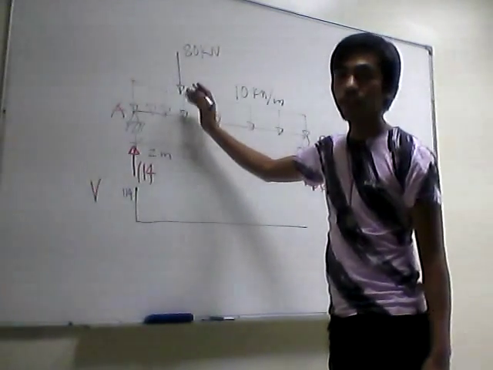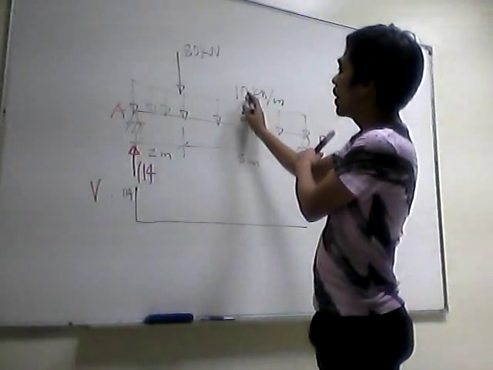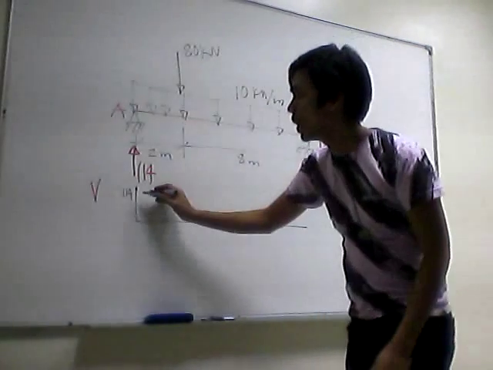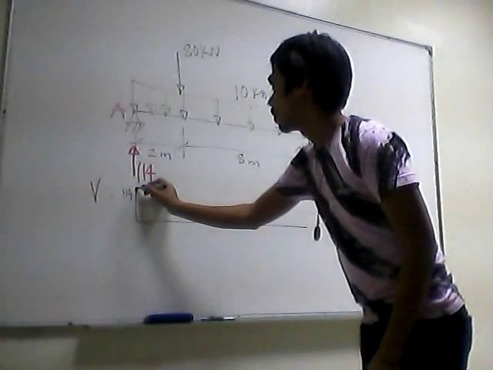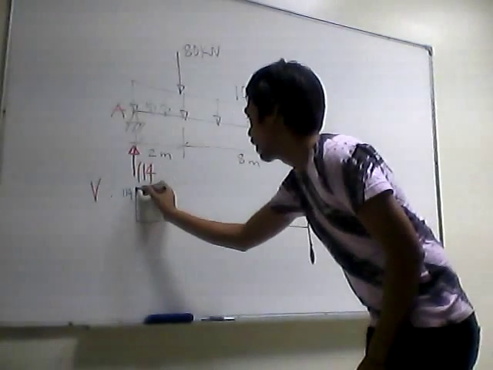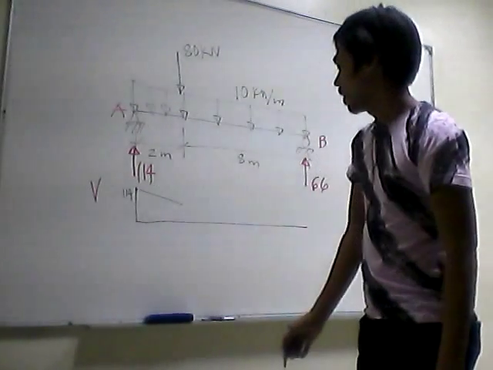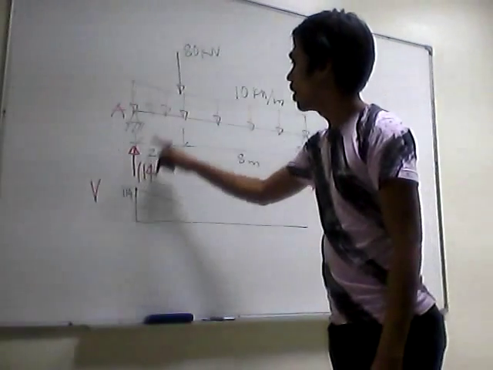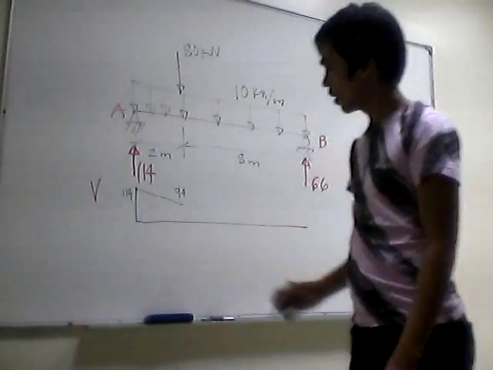So we are going to consider only this portion at 2 meters span. That will give you 10 multiplied by 2 is 20. That means 114 minus 20. So since this is a rectangle load, the shape will be a sloping line like this.